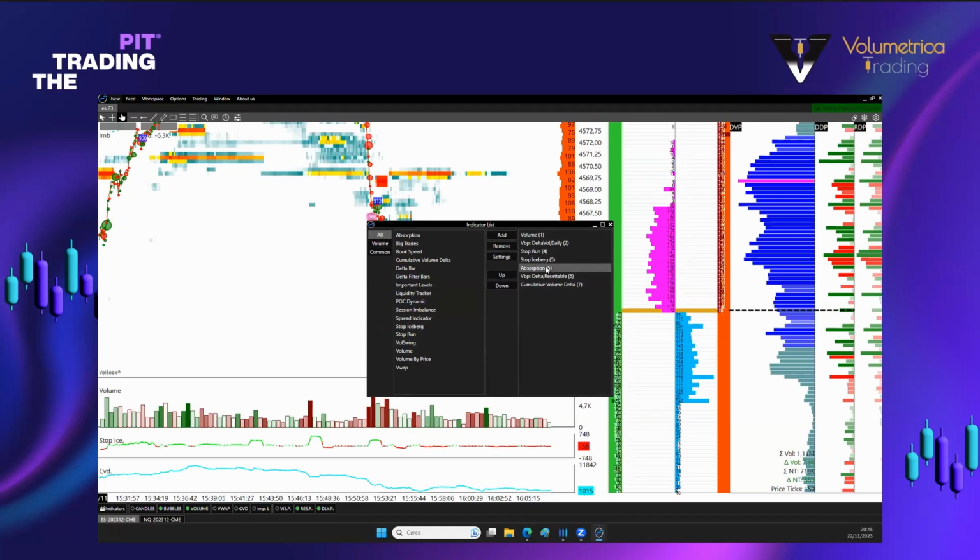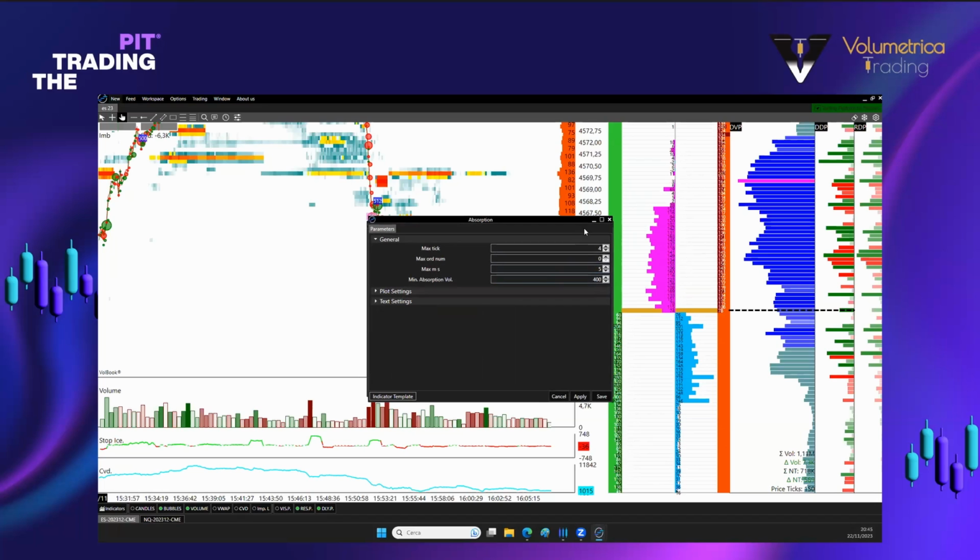That's the indicator. Basically, it would detect an absorption when we have, according to my personal settings, at least 400 volume being aggressive on a certain area.